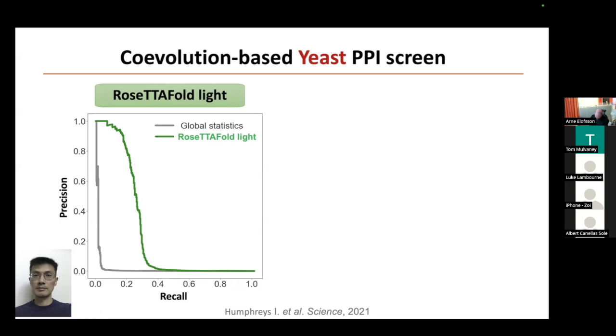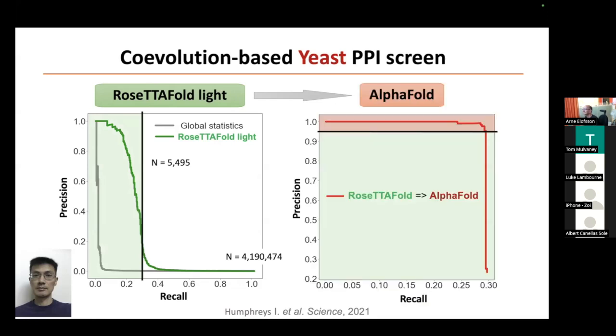So then we can apply RoseTTAFold to millions of yeast protein pairs and identify a smaller subset of protein pairs that are more likely to interact. Indeed, we used that and identified over 5,000 quite likely and quite possible protein-protein interactions. Then we applied AlphaFold on these 5,000 candidate interactions.